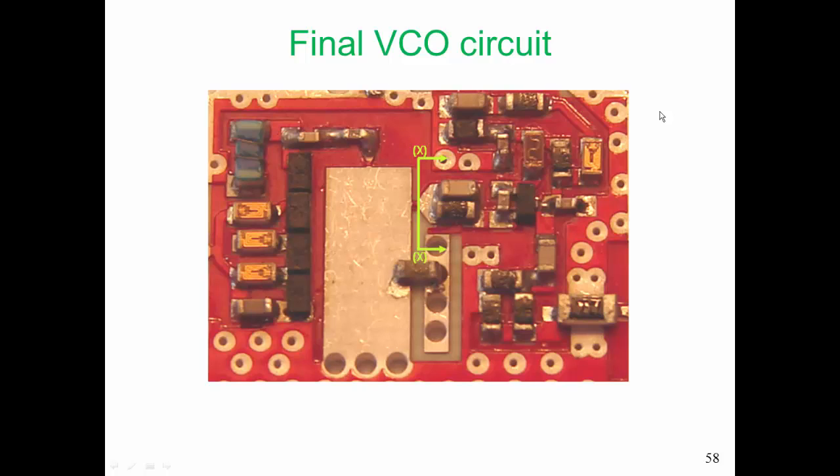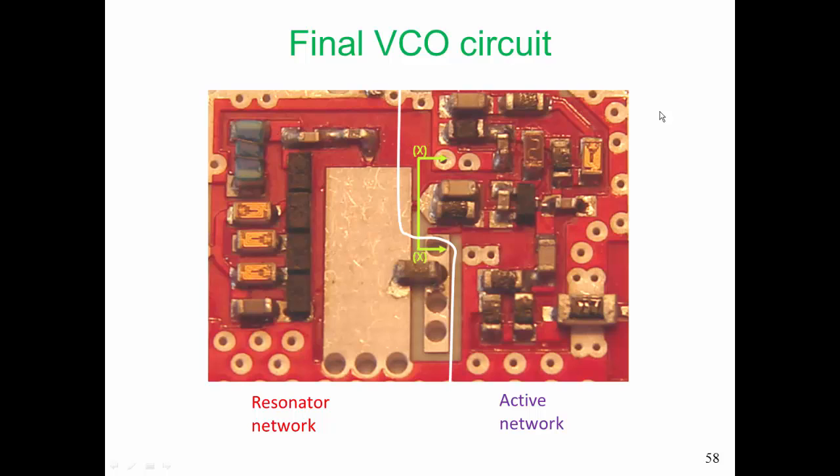Here is the layout of our final VCO circuit. We've clearly divided the circuit into a resonator network and an active network, and you may notice that these networks are very close to the schematic diagram, and we tend to do that so we can understand our circuit a lot easier.